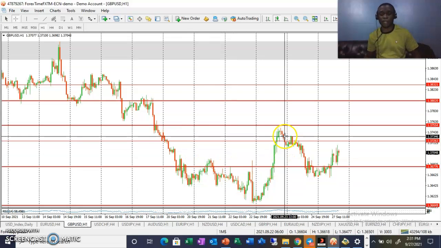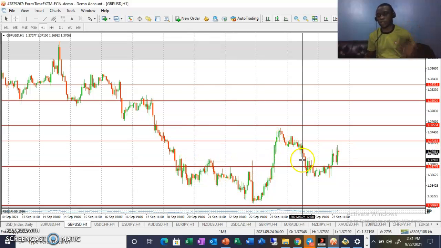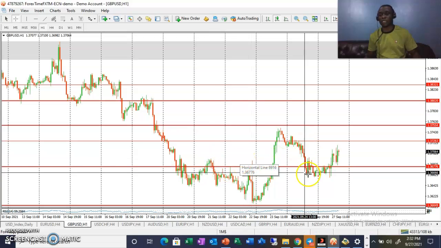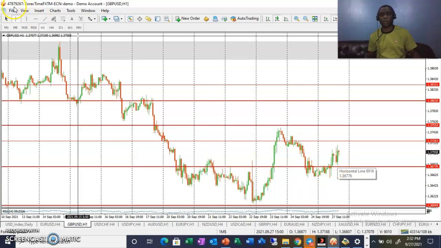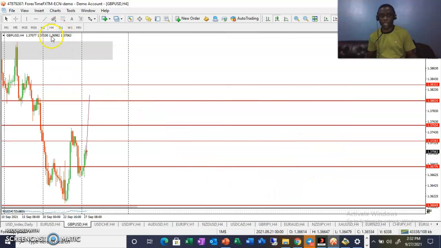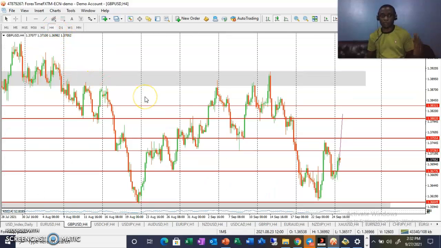So the market is already trying to assume an upward trend. You can see it has broken this high, which was the resistance. Based on this structure, it's a bullish structure. It depicts that the market is likely to go higher. So for GBP USD this week, we are looking at a stronger pound.